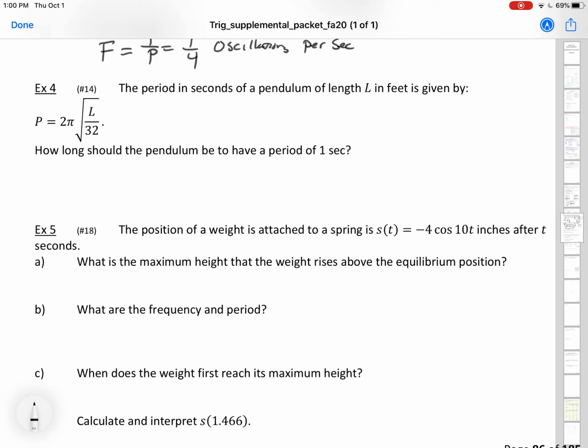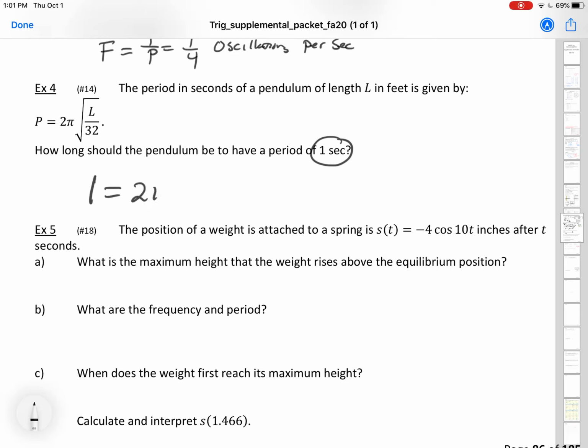We can do that. Okay, so we need the period to be 1 second, and we'll be able to figure out the length because L is the length of that pendulum. So pendulums move in simple harmonic motions as well. No problem. What do you want the period to be? Well, you want the period to be 1 second. Plug it in.